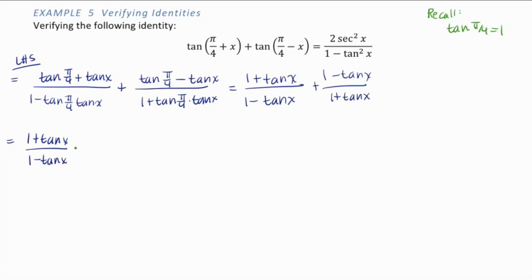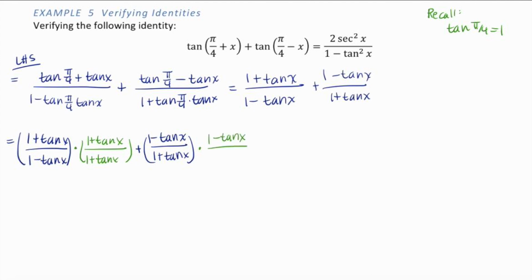And we're going to multiply 1 plus tangent of x divided by 1 plus tangent of x to both the numerator and the denominator. And then add 1 minus tangent of x divided by 1 plus tangent of x times 1 minus tangent of x divided by 1 minus tangent of x.